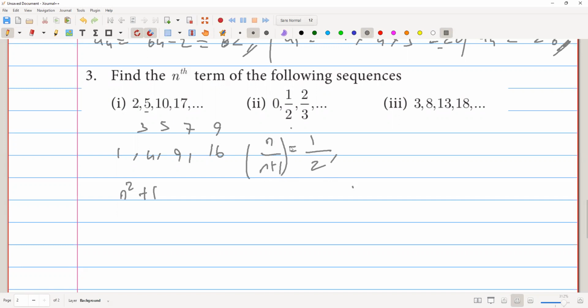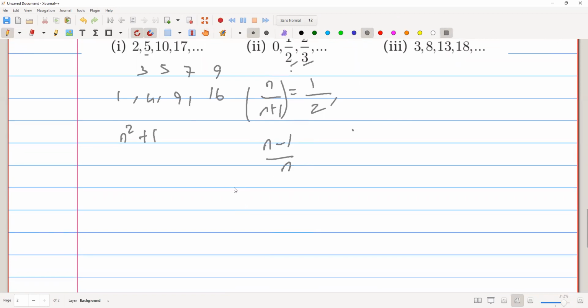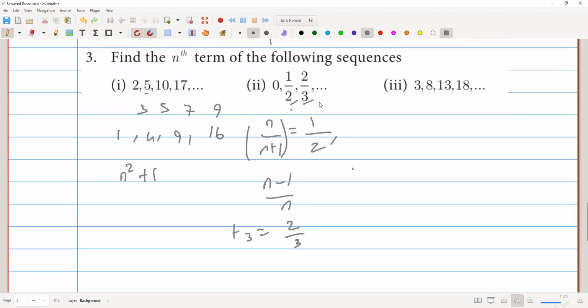Here it is n directly, here it is n minus 1, isn't it? So n minus 1 divided by n would give the answer. For t3, 3 minus 1, 2 divided by 3, is that right? Yeah. So what about the third sum?